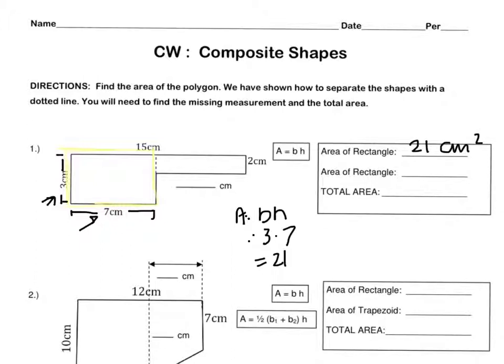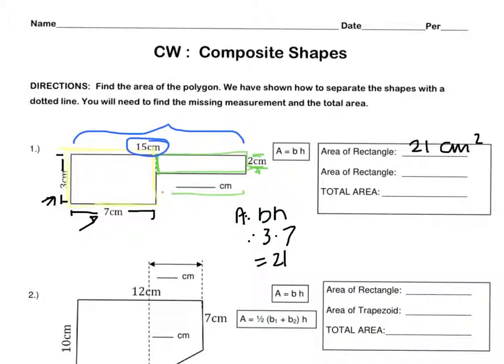So let's look at the second one. It is this shape right here. We can see that 2 centimeters is the height there, but we need to know the length of this side right here. What they give us is the total length right there. That total is 15 centimeters.